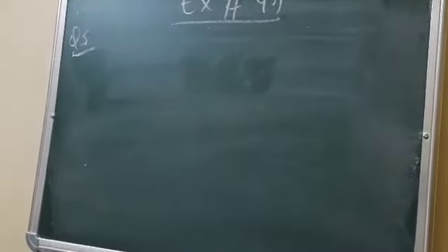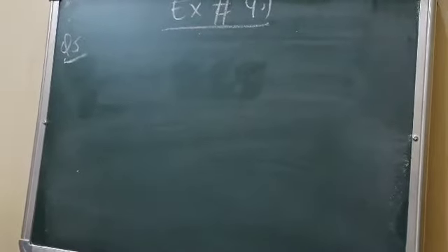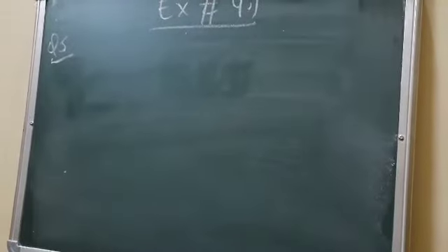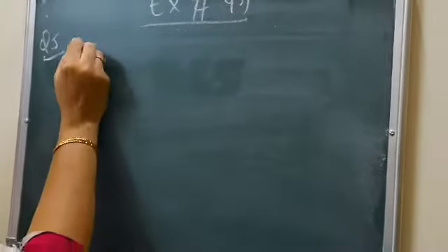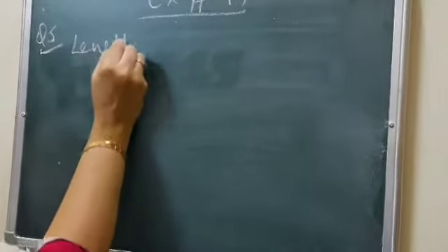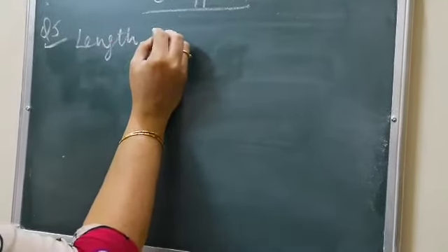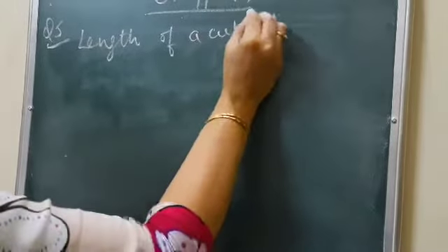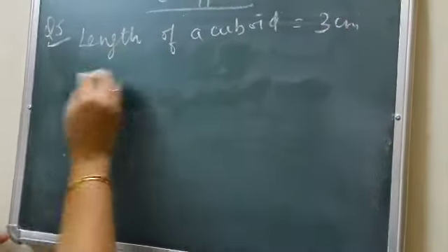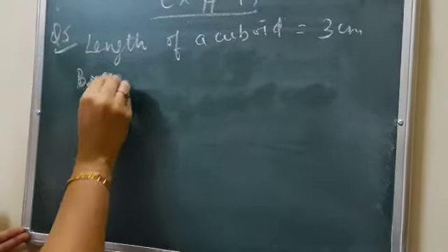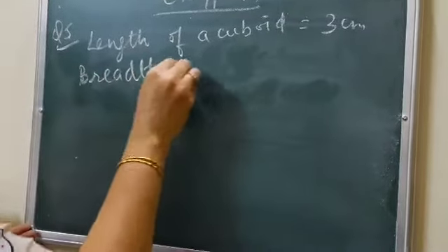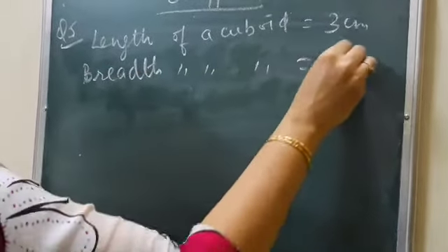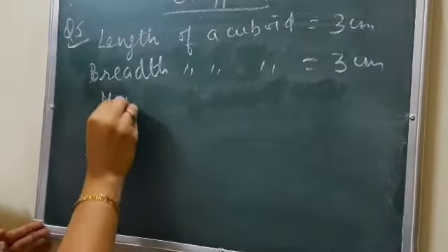Rahul makes a cuboid of plasticine of sides 3 centimeter, 3 centimeter and 5 centimeter. Now there is a cuboid whose length, breadth and height are given. So length of a cuboid is given 3 centimeters, breadth is given 3 centimeters and your height is given 5 centimeters.